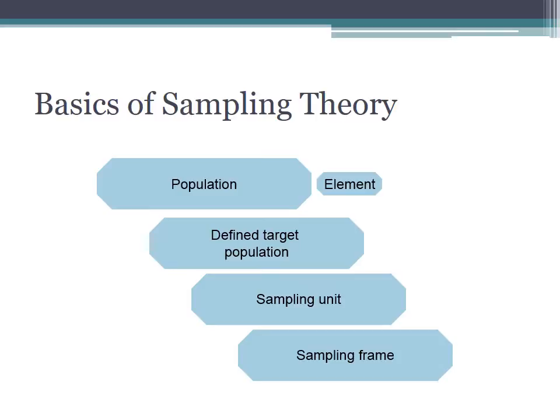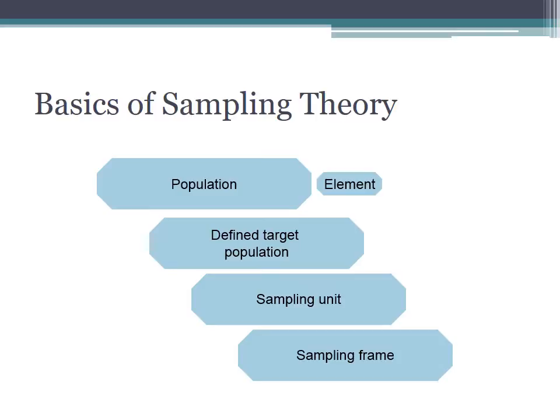We might be considering the population to be all monkeys living in the Amazon. We might consider the population to be all cars registered in Kentucky. The population might be all books at the UK library. The population is the entire identifiable set of elements that are of interest to our research.